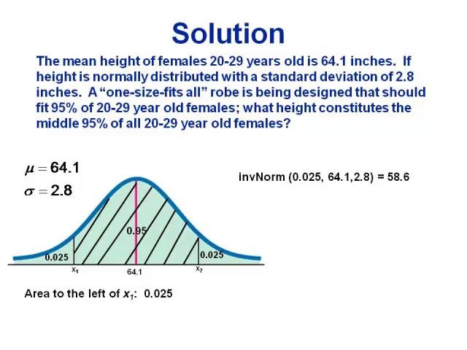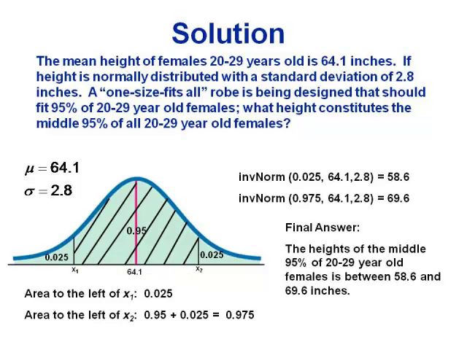Now I need to think about the other cutoff over on the right. So that one has 2.5% to the right of it, which leaves 97.5% to the left. Or you can go ahead and add together the 0.95 and the 0.025 to get the same thing. So since inverse norm needs the amount to the left, that's what I'm going to put into the calculator.